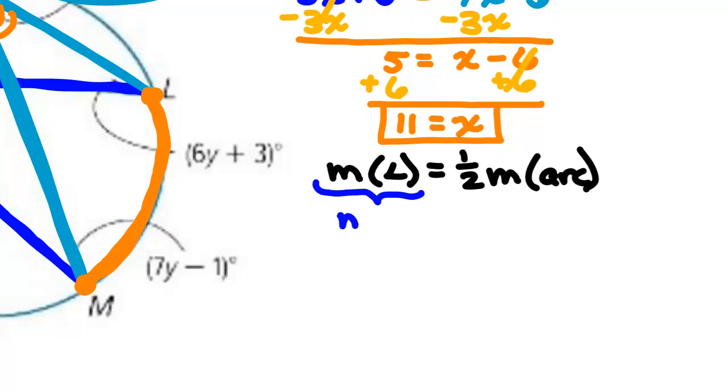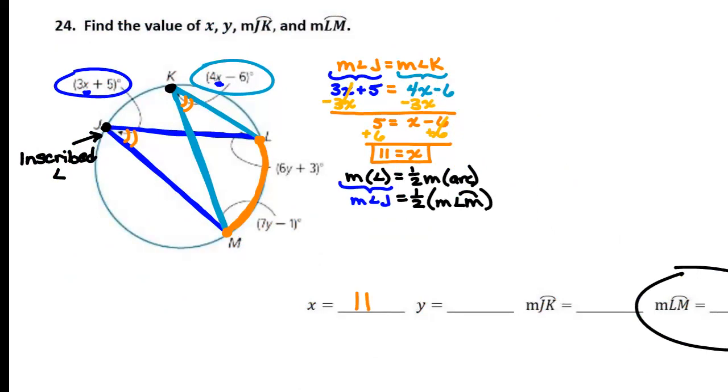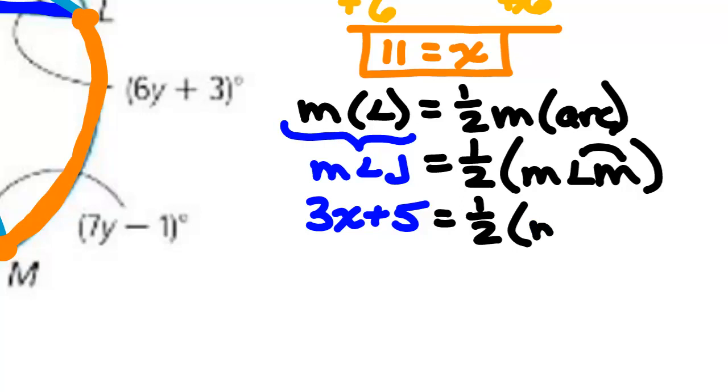So angle J equals 1/2 times the measurement of arc LM. And angle J is 3x plus 5. So 3x plus 5 equals 1/2 the measurement of arc LM.